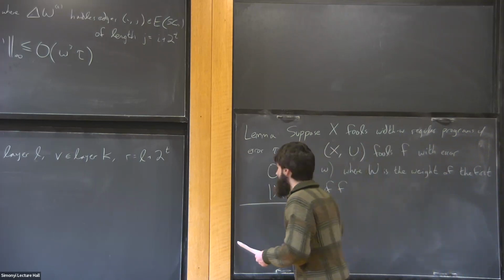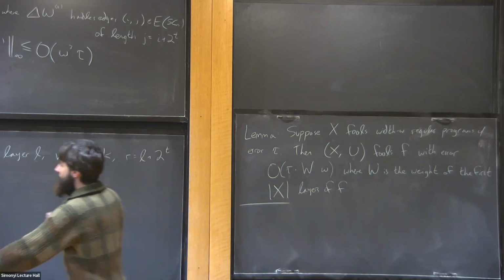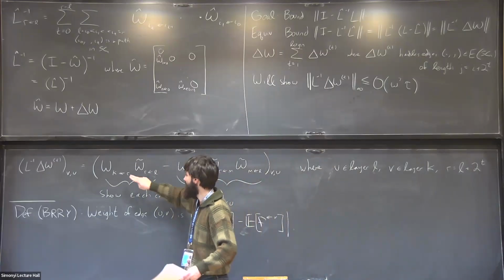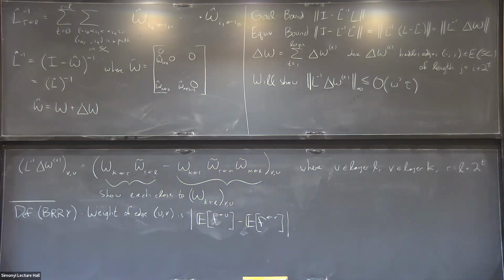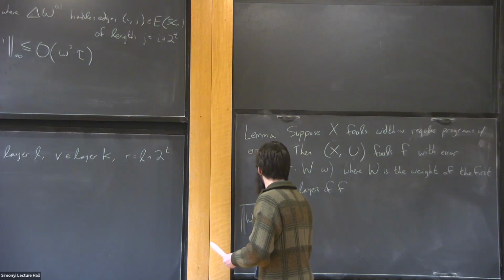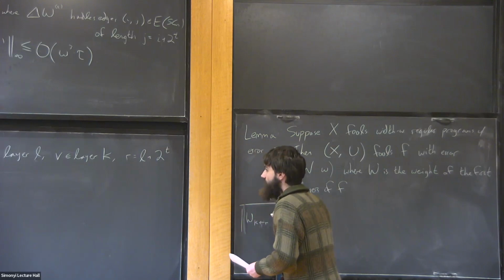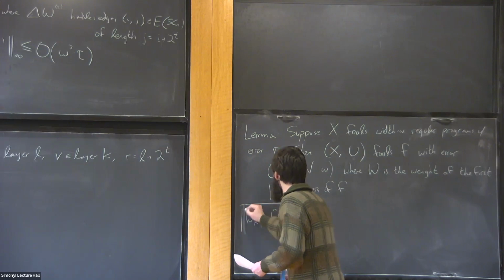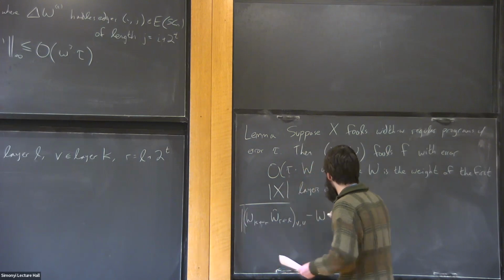So consequently, if we look at one of these two things, they're basically the same, but let's focus on this one. We're still just thinking about one entry though: K from R, and then W tilde R from L, versus the truth.